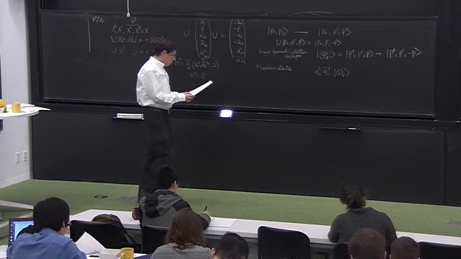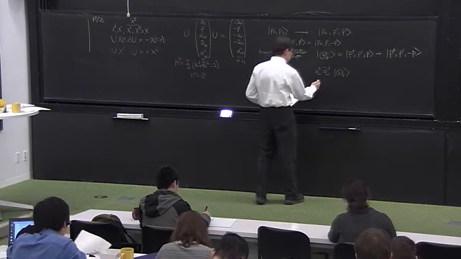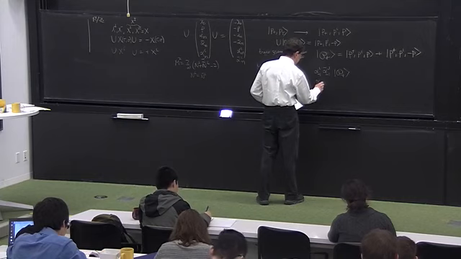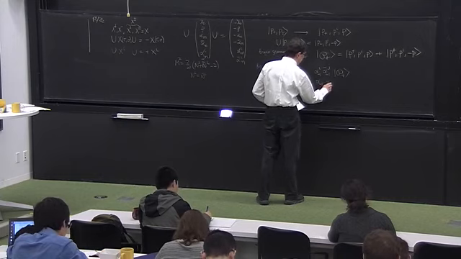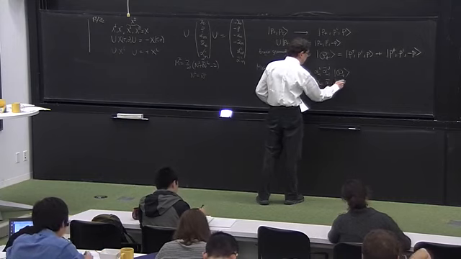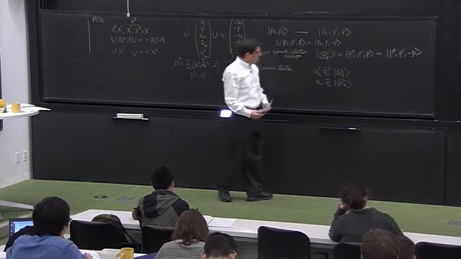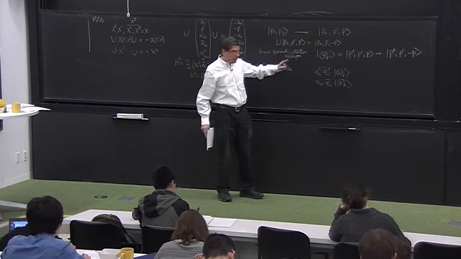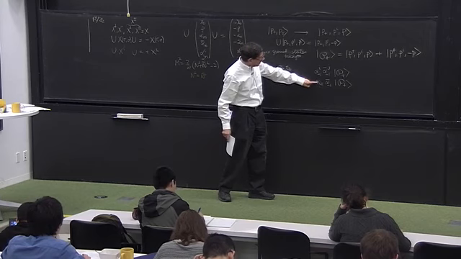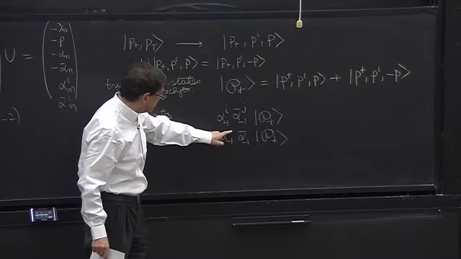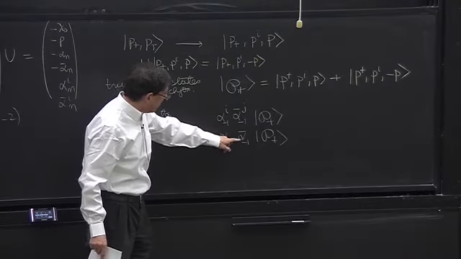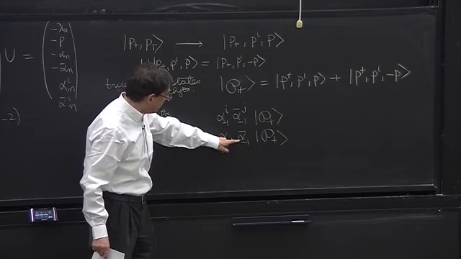There is another good state that you could put here, alpha minus 1 alpha bar minus 1 P plus, because the action of the U operator reverses the sign of an alpha that doesn't have an index, that's an alpha 25, and reverses the sign of the alpha bar.